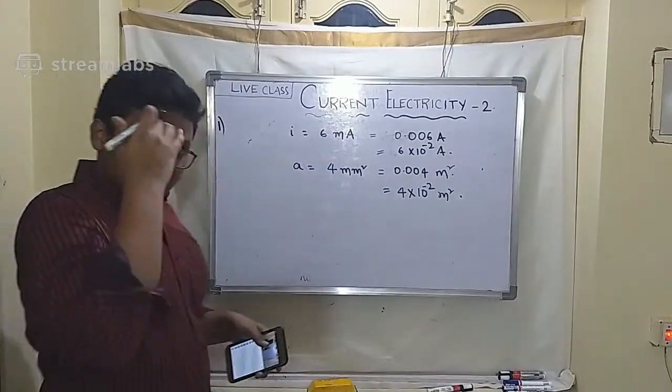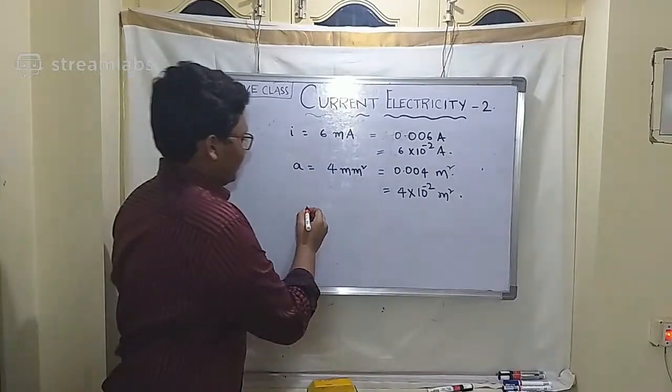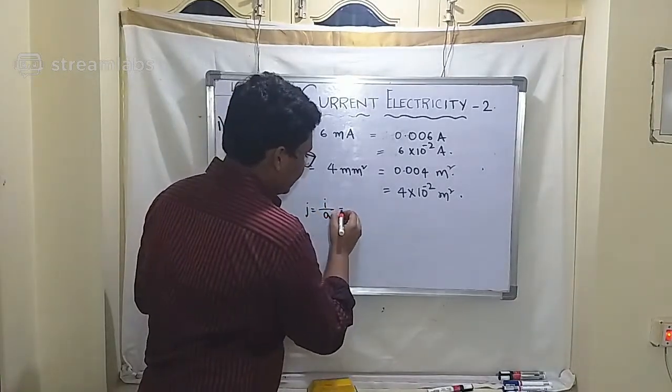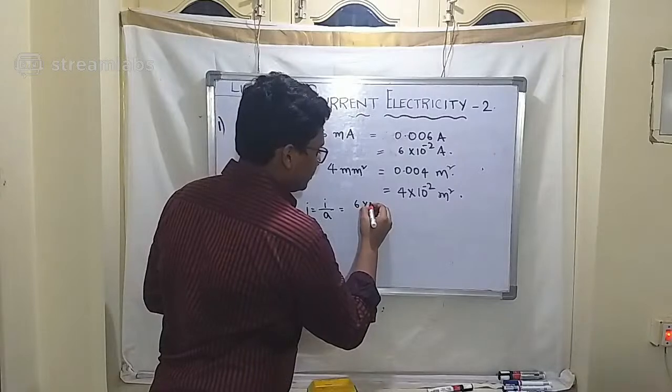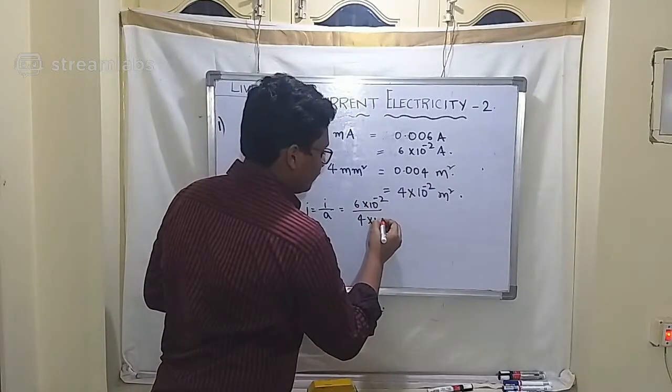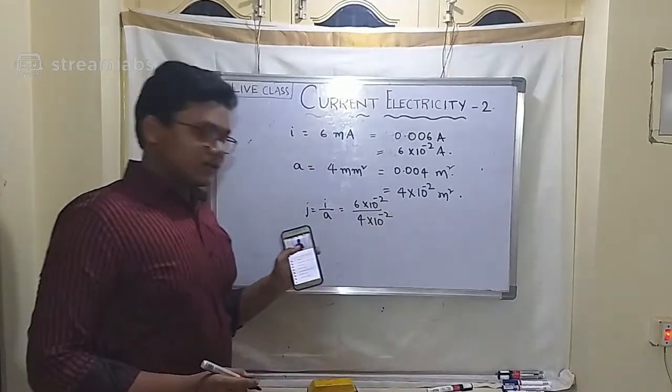Now, what is the current density? I by A is the current density: 6 into 10 to the power of minus 3 by 4 into 10 to the power of minus 6. Okay, this is the current density.